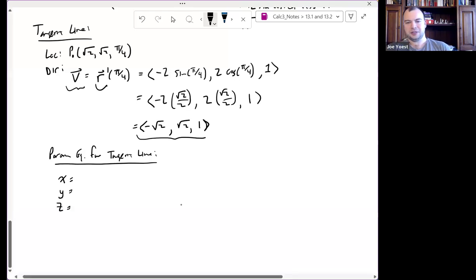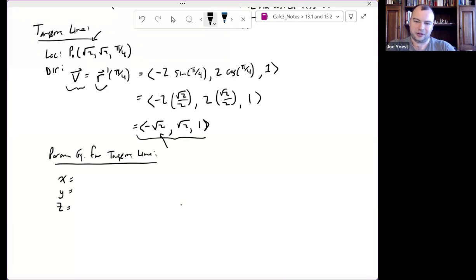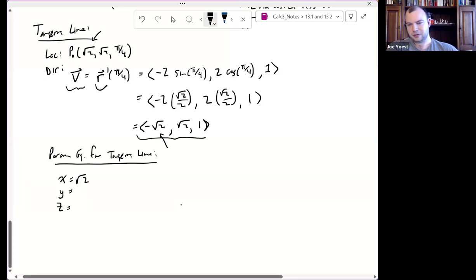x, y, and z. Well, my x is going to be my x coordinate plus the x component of the direction vector times my parameter. So it's going to look like root 2 minus root 2.